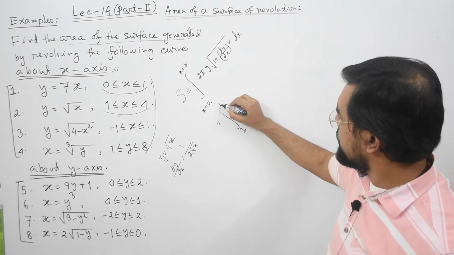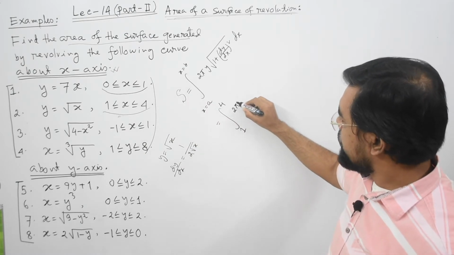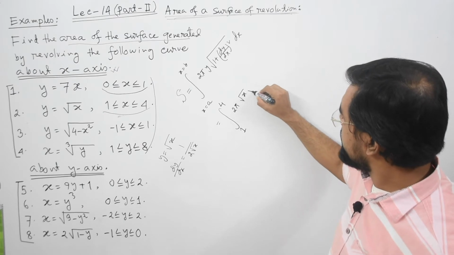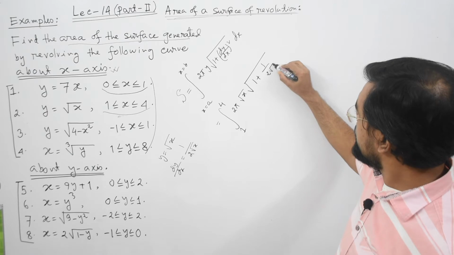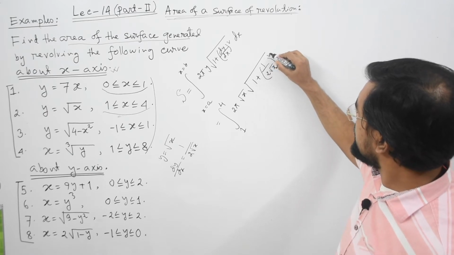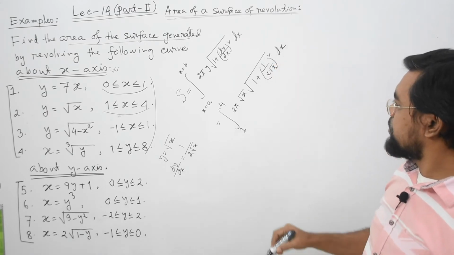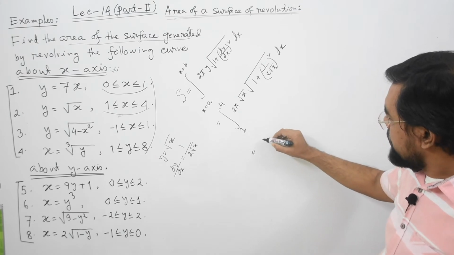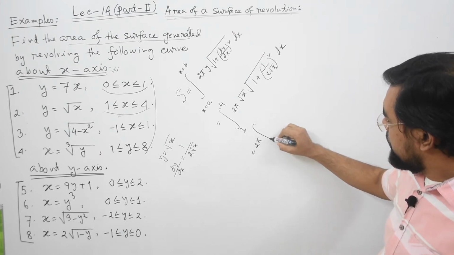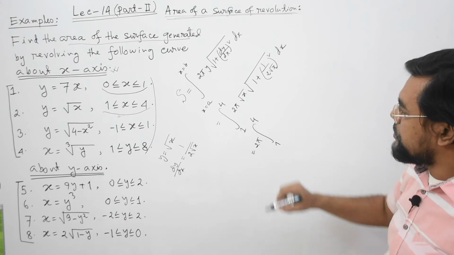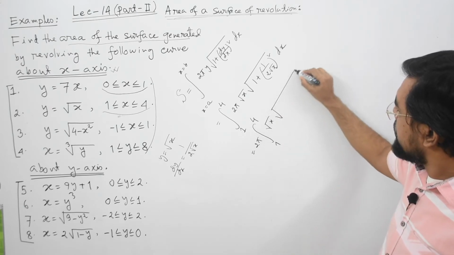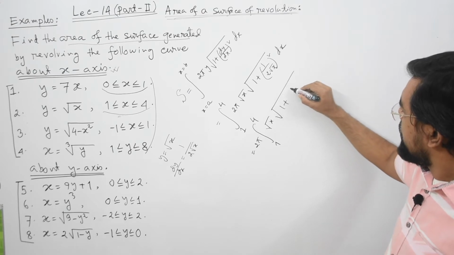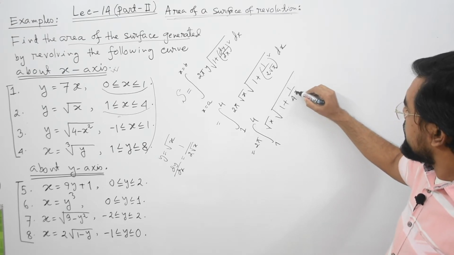I can write here 1 to 4, 2 pi y equal root x, square root of 1 plus (1 by 2 root x) whole squared dx. So this equals 2 pi, let me write out of integration, 1 to 4 root x square root of 1 plus 1 by 4x dx.